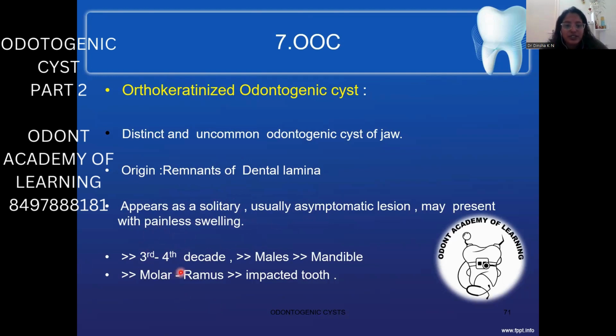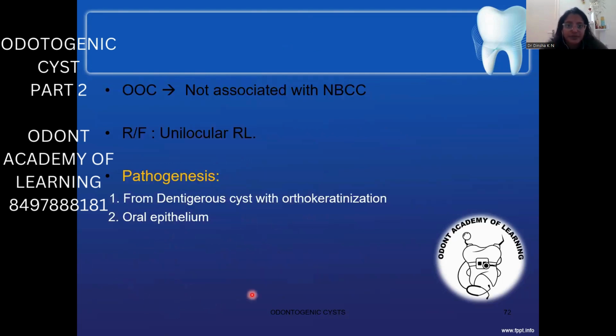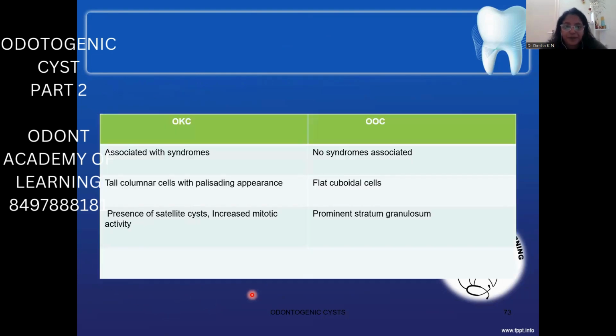It is more commonly seen in the third to fourth decades, more in males, more in the mandible region, and more commonly in the molar areas with an impacted tooth. In contrast to the OKC, this OOC is not associated with any syndromes, and radiographically it usually shows a unilocular radiolucency. As for pathogenesis, it could arise from the oral epithelium or from a dentigerous cyst which has orthokeratinization.